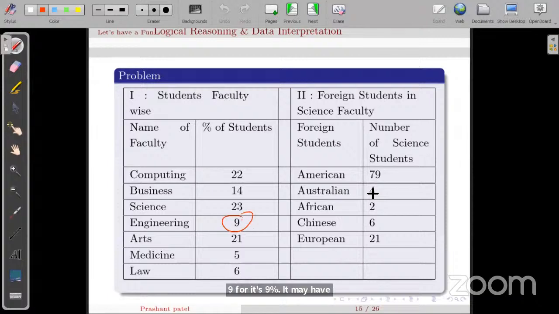Can somebody tell me what to do? Anyone? क्वेश्चन समझ में आ रहा है?